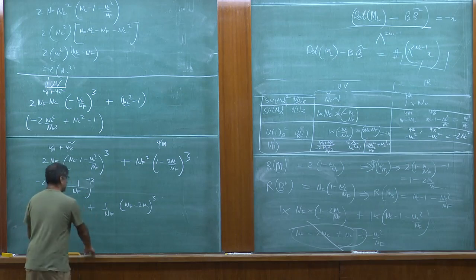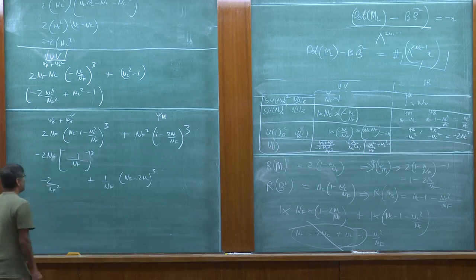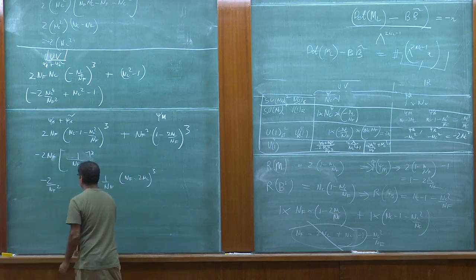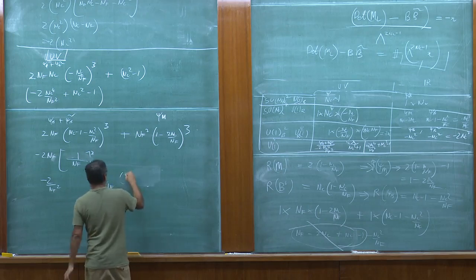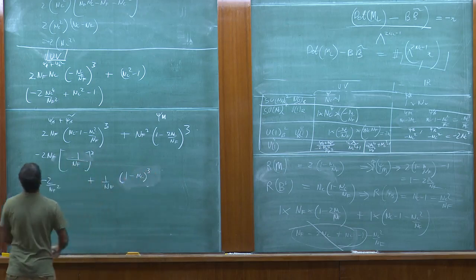Let's see. Is 1 minus NC the whole cube. Correct. Is 1 minus NC the whole cube. Fine. Let me write that as 1 minus NC the whole cube.